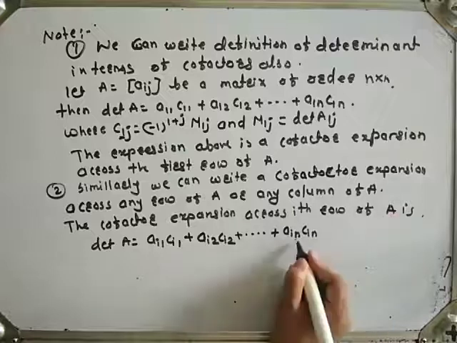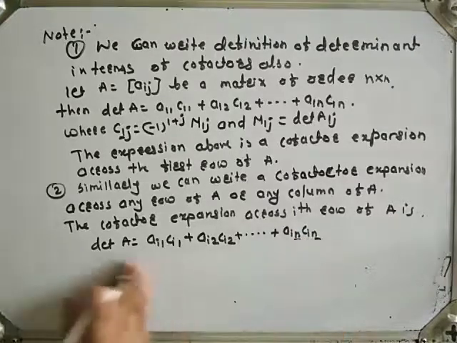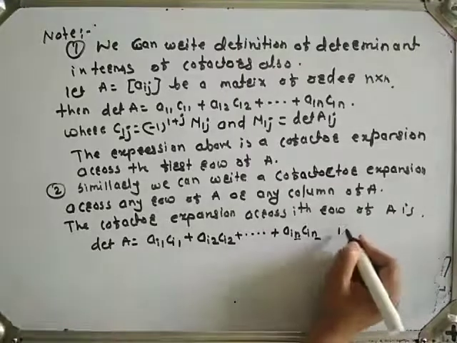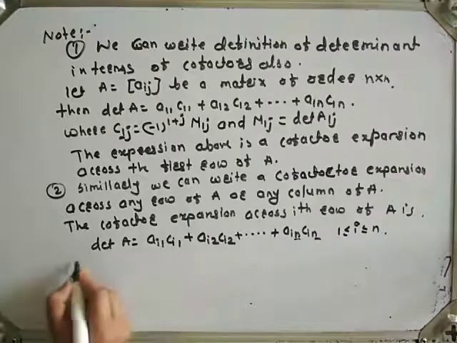Here the number of columns is n, so up to ain into Cin, okay, where 1 is less than or equal to i is less than or equal to n.